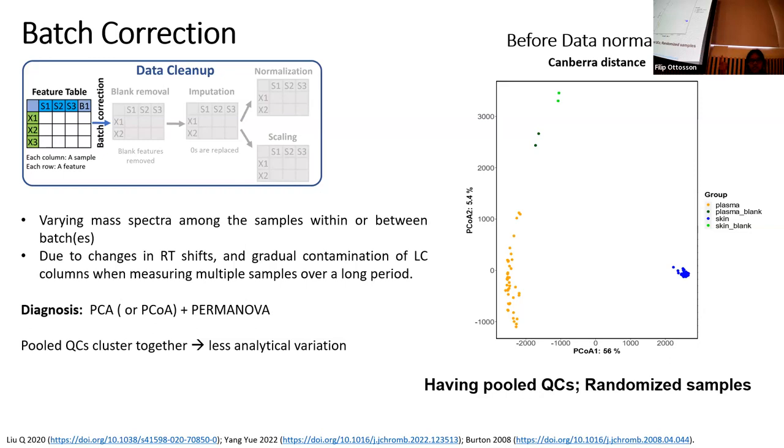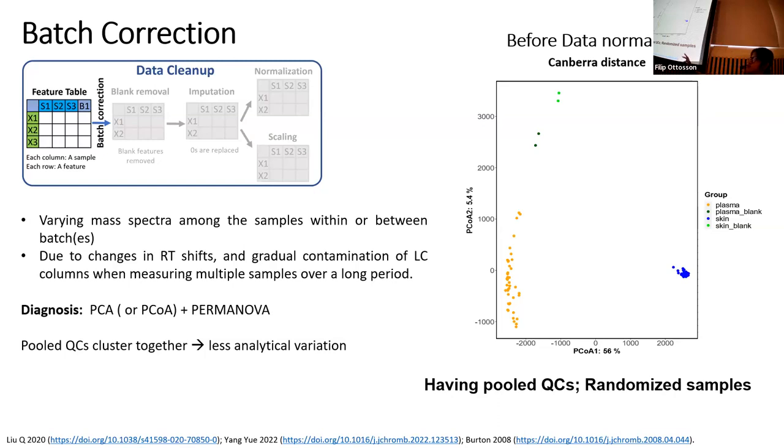As Martin already showed in his talk, it would be great if you had your pooled QCs, so you could observe their intensity changes. And also one more thing is you've got to randomize your QC samples across your batches.